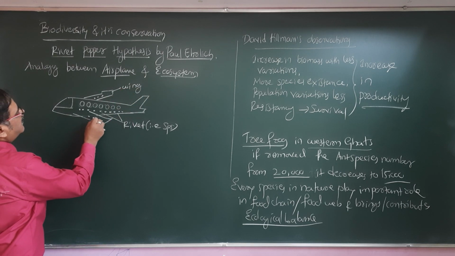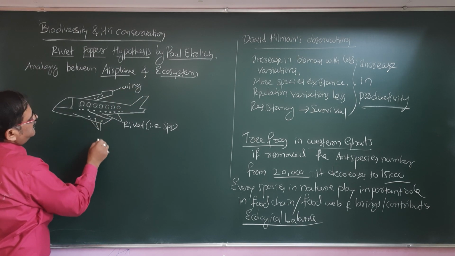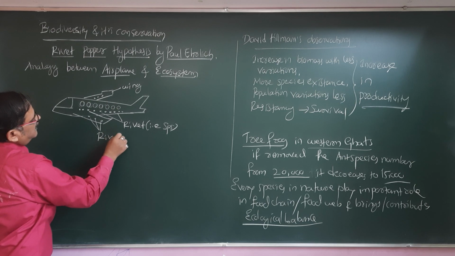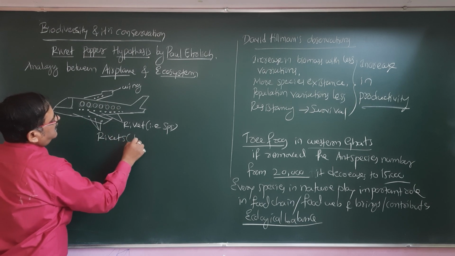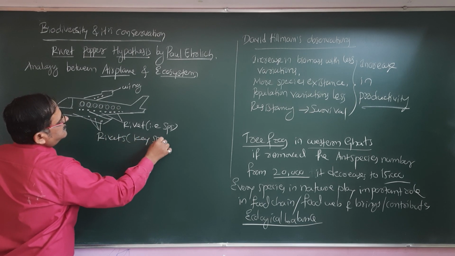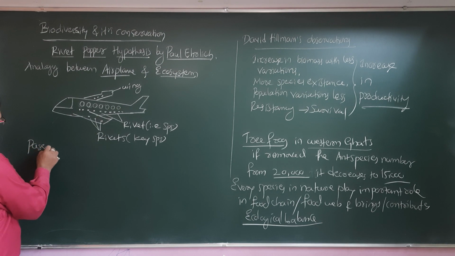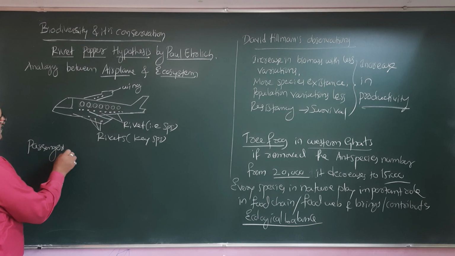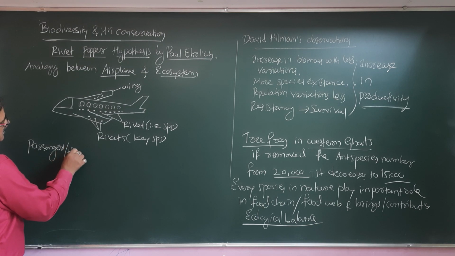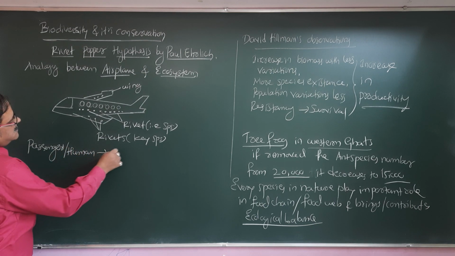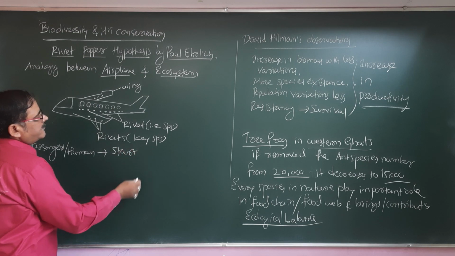And then here we call them the special rivets, or they are also called key species. So now the entire ecosystem is represented as an aeroplane, right? So the passengers, mainly the humans, start their journey.